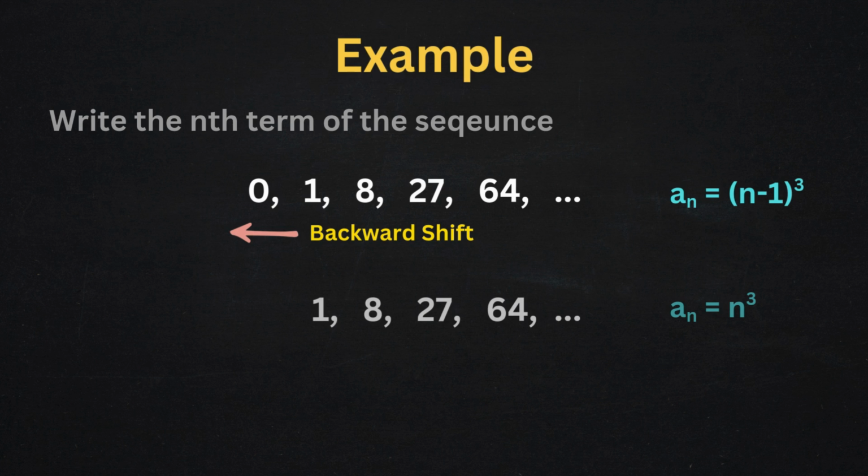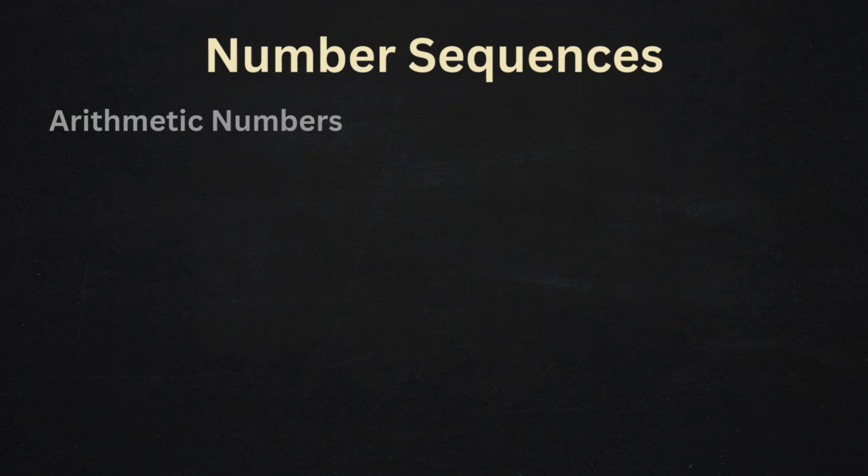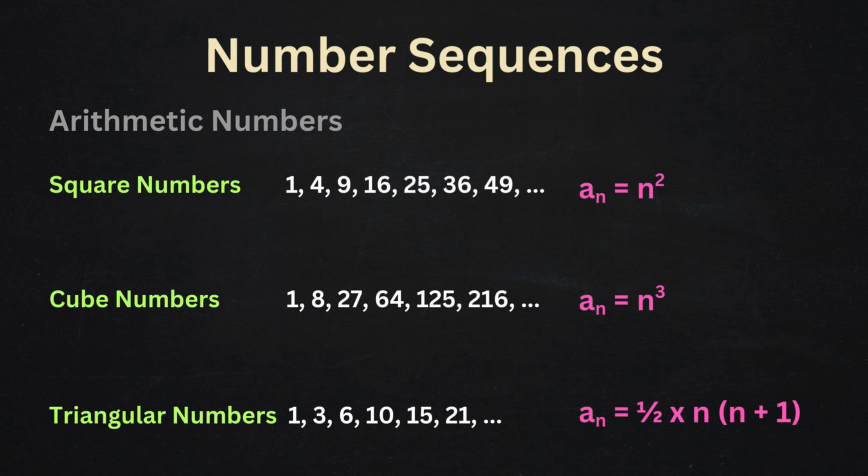All right, now I want you to first revise it so that it gets memorized thoroughly. If any sequence is not an arithmetic sequence, then it belongs to square, cube, or triangular families. You must memorize the first 4 terms and their nth term formulas. For 1, 4, 9, 16, it is n squared.